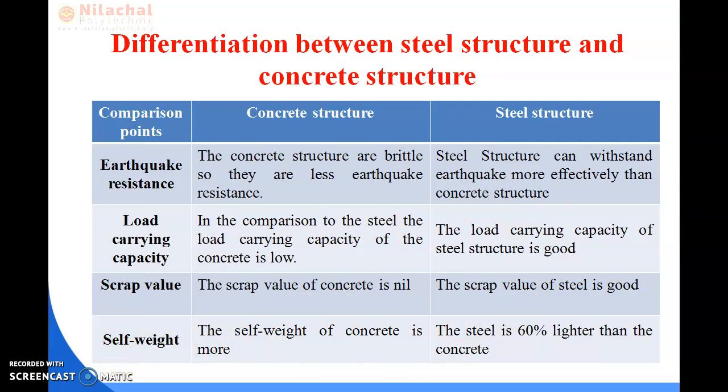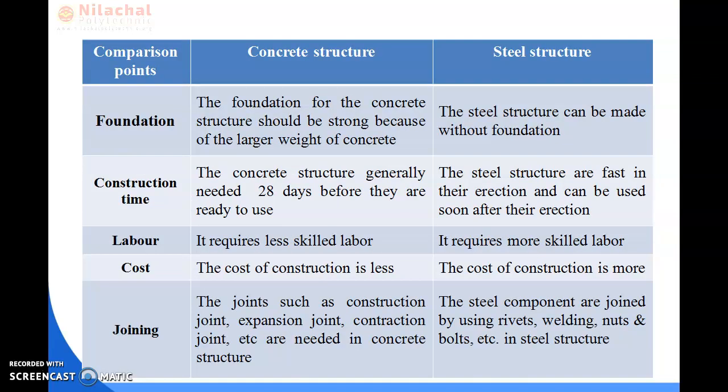Then next is self weight. In concrete structure, the self weight is more, but steel structure is 60% lighter than concrete. So it is another advantage of steel structure. The next comparison point is foundation. For a concrete structure, the foundation should be strong because of the large weight of the concrete.